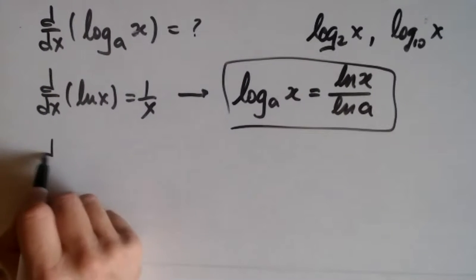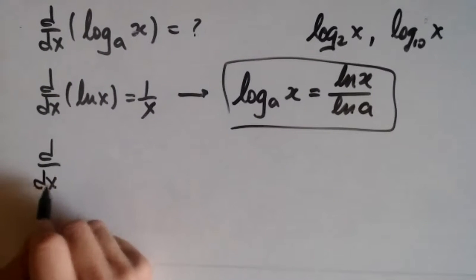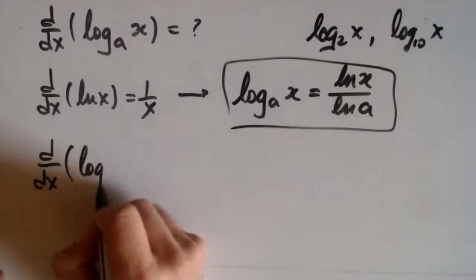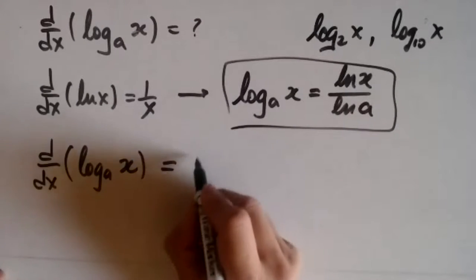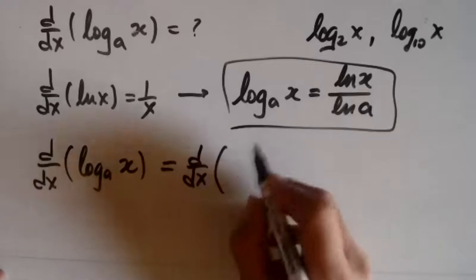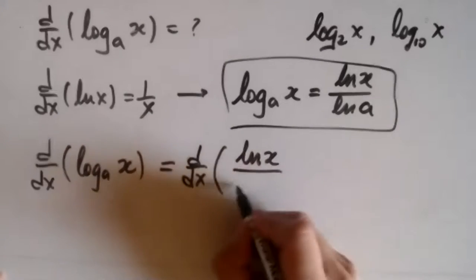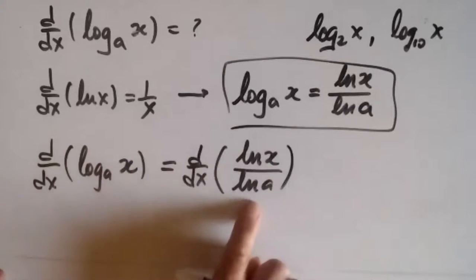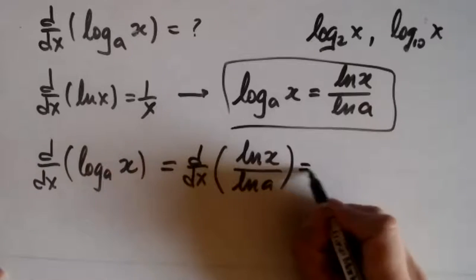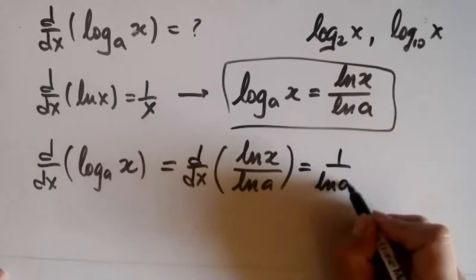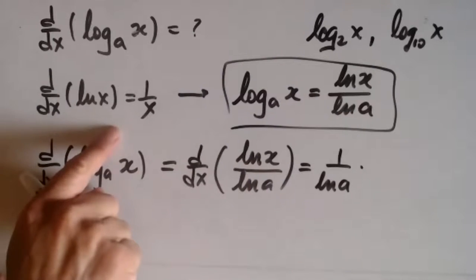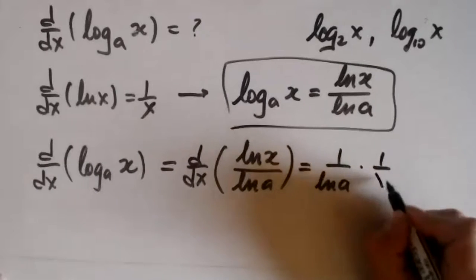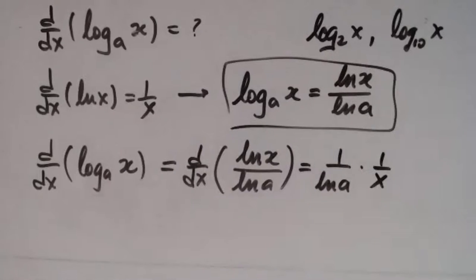So if we want d/dx of the log in base a of x, this is d/dx of ln x over ln a. ln a is a constant, so I'm going to put this constant out: 1 over ln a times the derivative of the natural log, which is given here, so the only thing I have to do is put 1 over x.